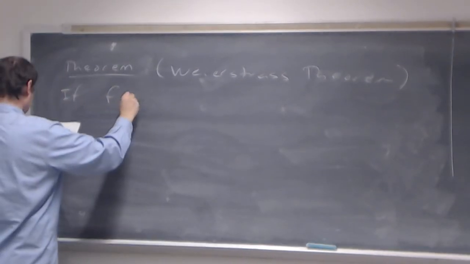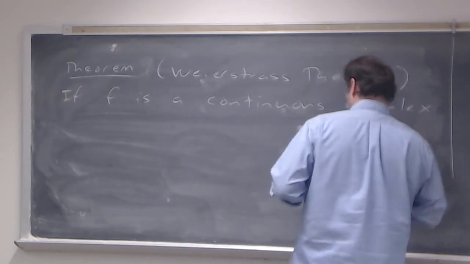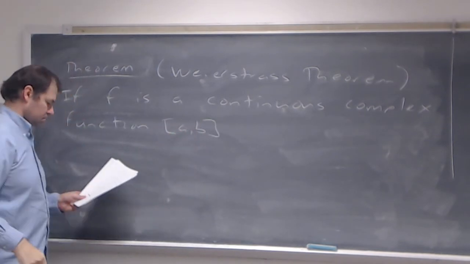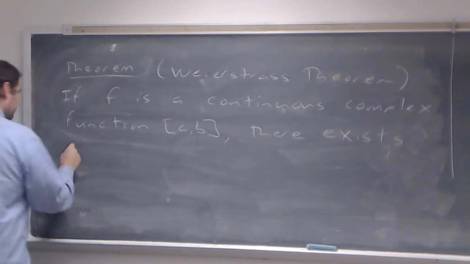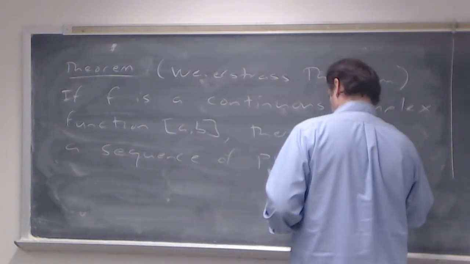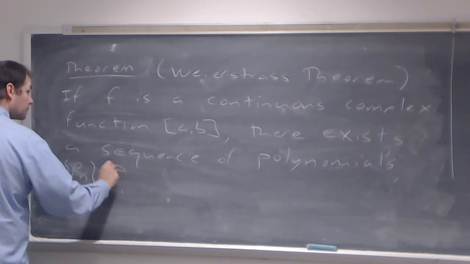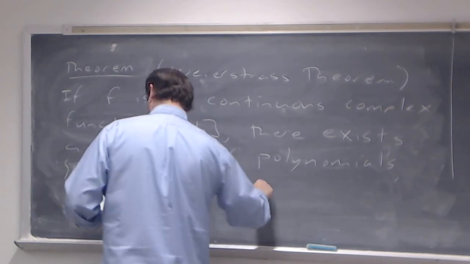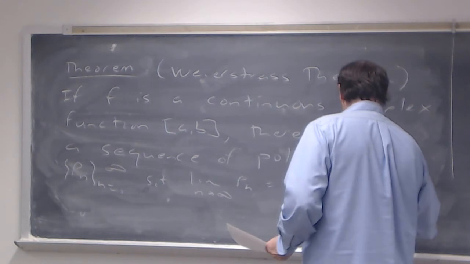If f is a continuous complex function on the closed interval a to b, there exists a sequence of polynomials, which I will call P sub n, such that the limit as n goes to infinity of the P sub n's equals f uniformly on a to b.